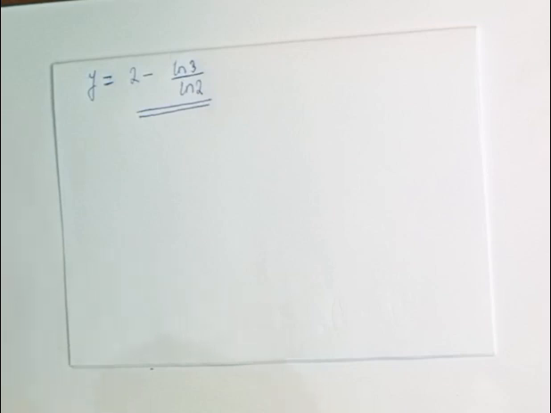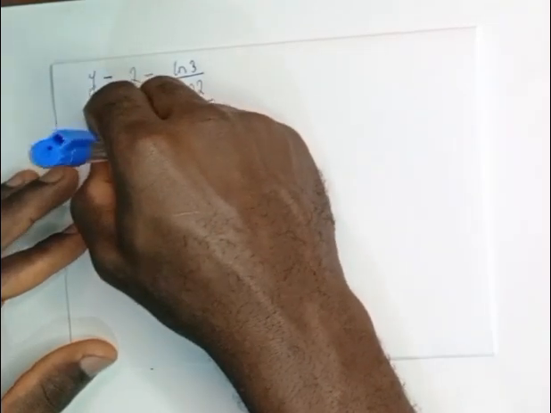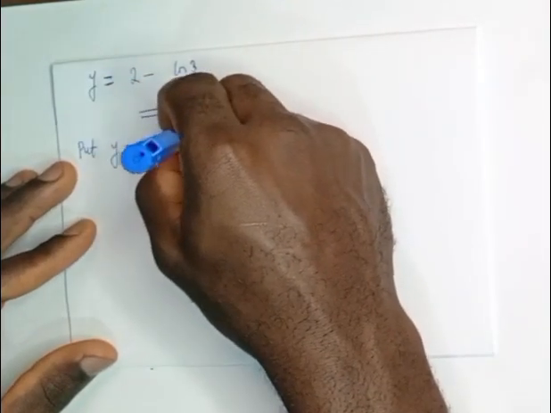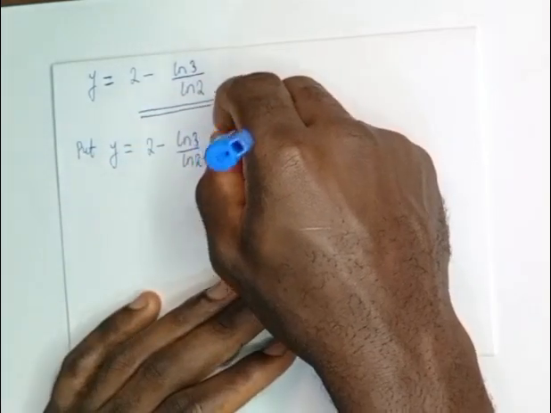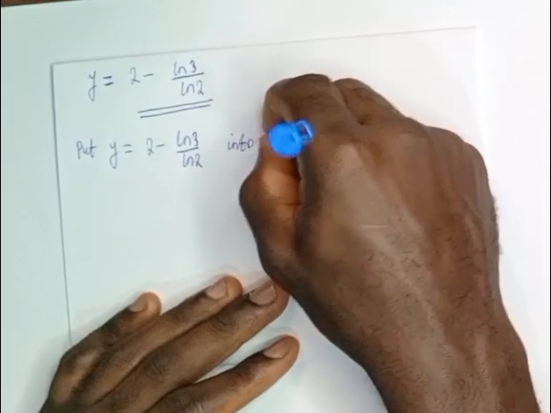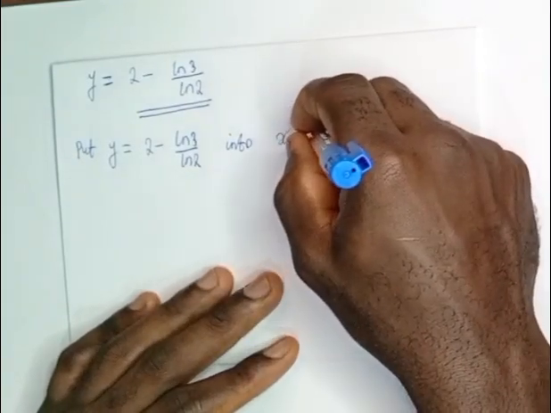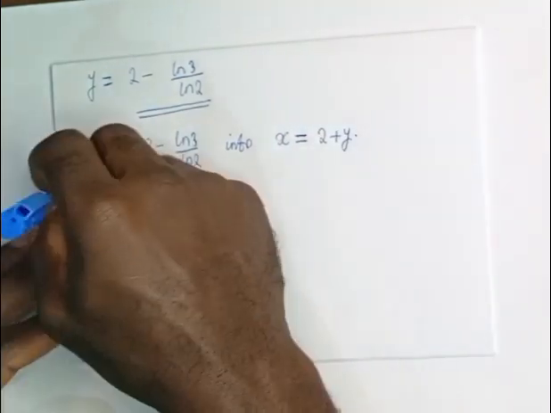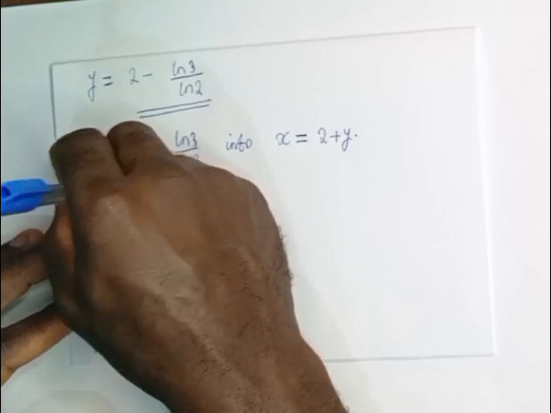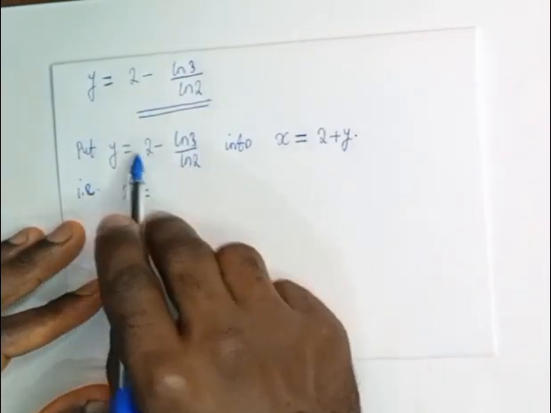Knowing the value of y, it is very easy for us to find x. We are going to put y equal to 2 minus ln 3 on ln 2 into x equal to, remember we made x the subject of formula and it gave us x equal to 2 plus y. We are going to put it here. That is, x will simply be equal to, we are going to replace y with this value.